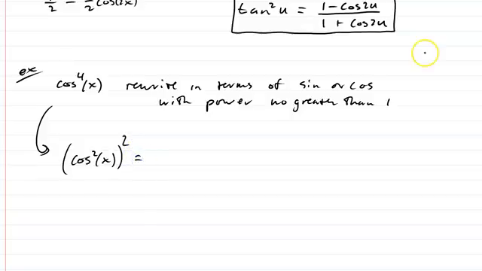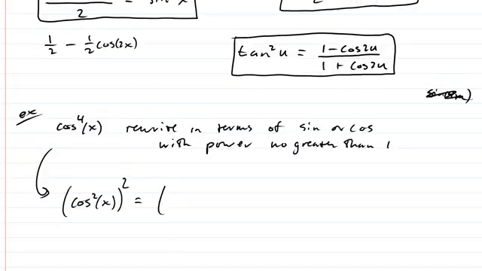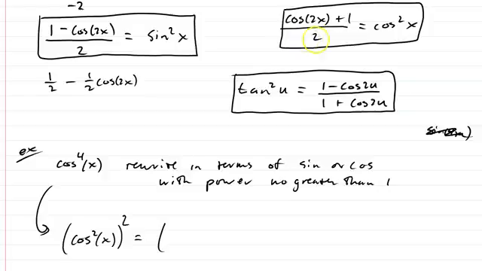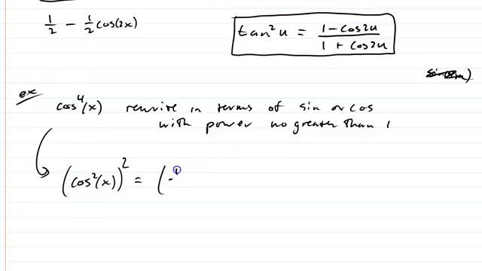Okay, so it kind of reminds me of when we did double angles, like sine of 4x is really sine of 2 times 2x. So here, we're going to substitute right away the cosine version for cosine squared. One of the easier ways to do this is to butterfly it, so it'd be 1/2 plus 1/2 cosine 2x, all squared.